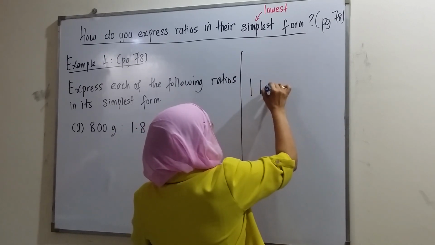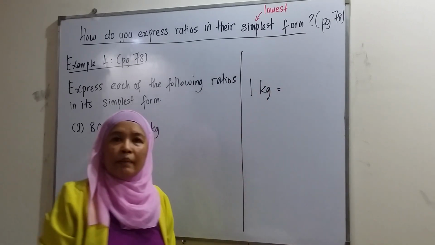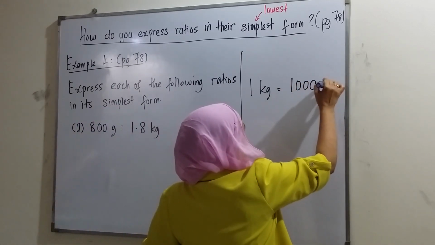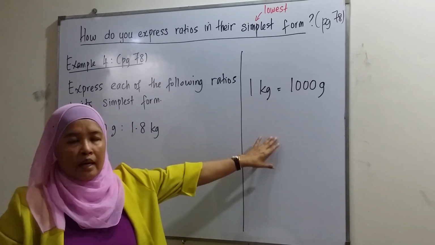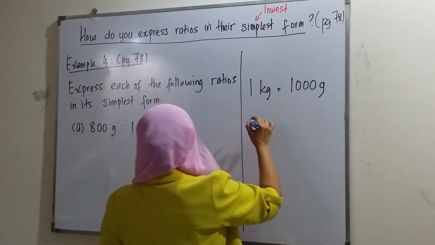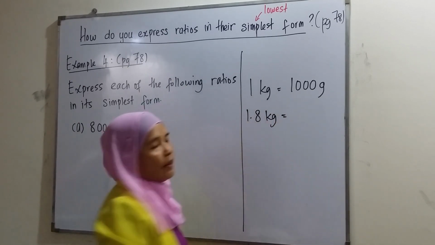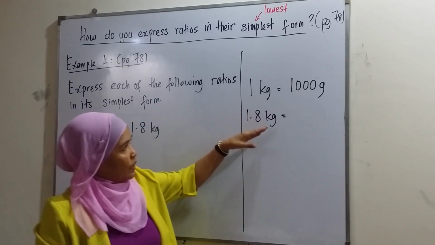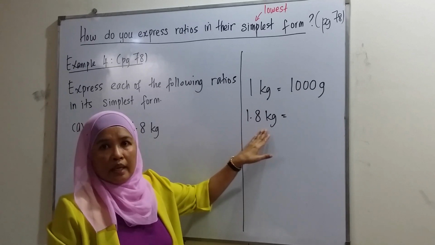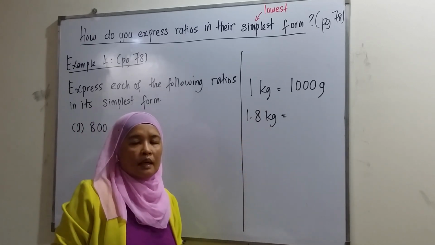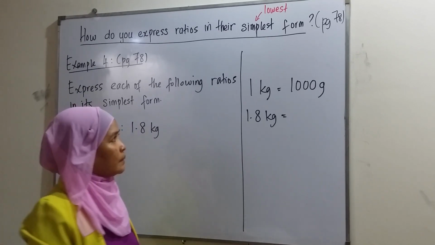1 kg equal to how many gram? 1000 gram. Okay, this one you have to memorize. So 1.8 kg, how many gram? As we know, when the kg increases, the gram also increases. So we use the directly proportional method.